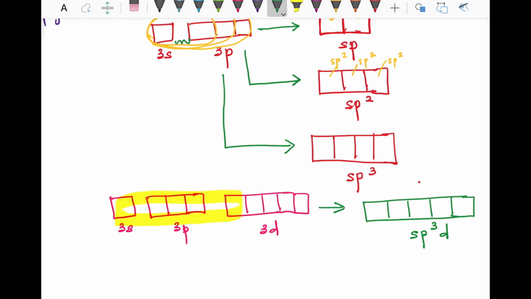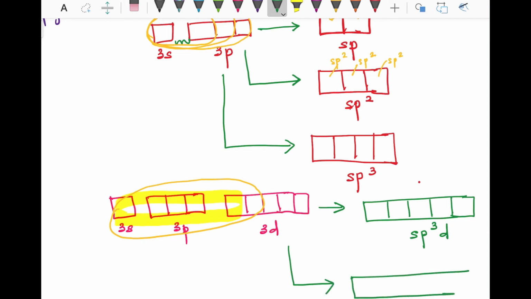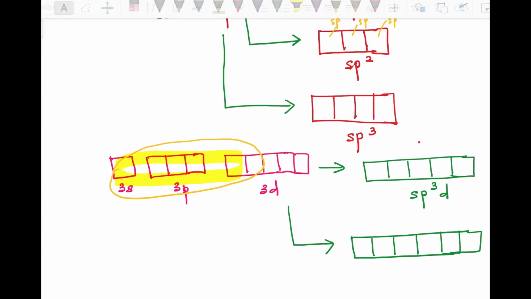And the last one is if we take one s orbital, three p orbitals, and two d orbitals, like this. At this time, our product for this hybridization is called sp3d2. This is the maximum number of orbitals that we can blend or hybridize together.